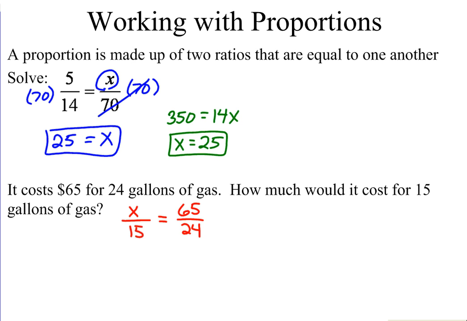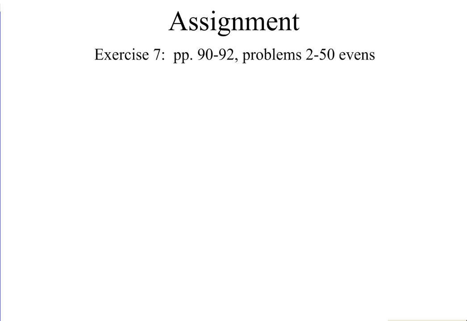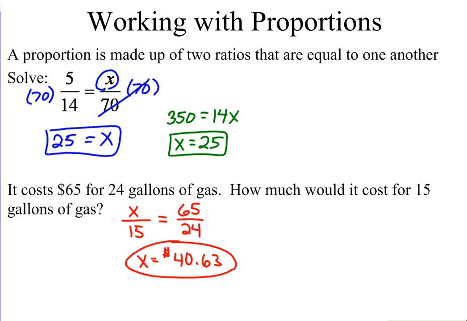Solve this for x. Multiply the 15 to the other side. So you're taking 15 times 65 over 24. We're talking dollars and cents, so round to two decimals, and we get $40.63. And that is it.